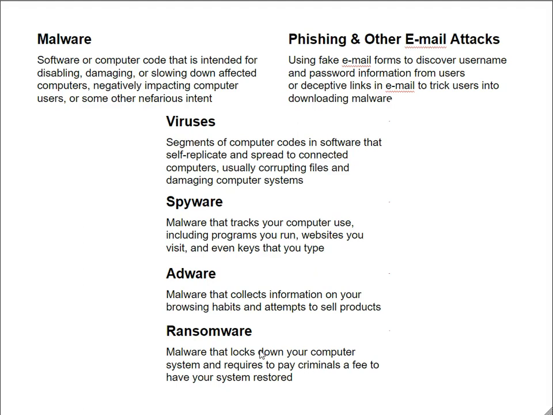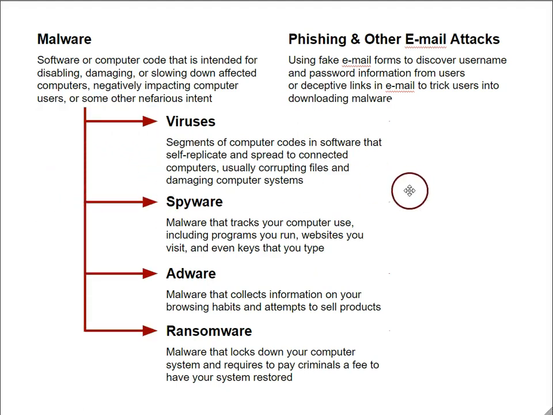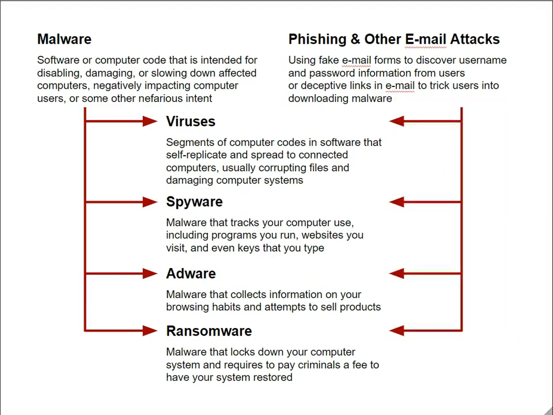So these are the types of malware that I wanted to talk about. There are others. This is not an exhaustive list, but these are the ones that you will maybe commonly hear about or come into contact with. And I just want to point out, these are all different types of malware, and all of these different types of malware can be spread through phishing and other email attacks.